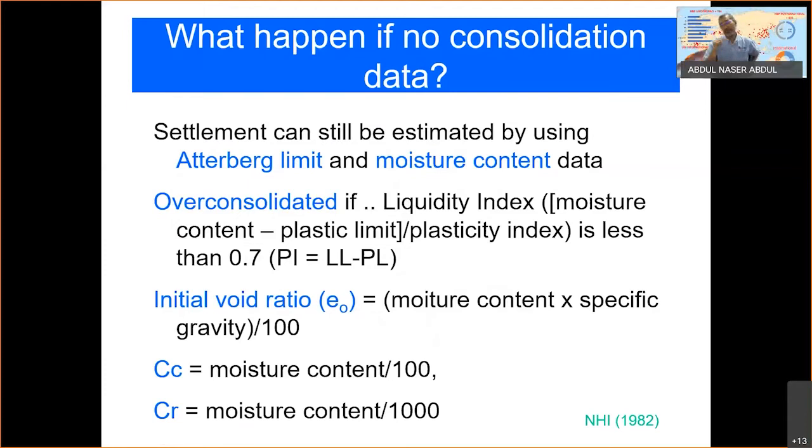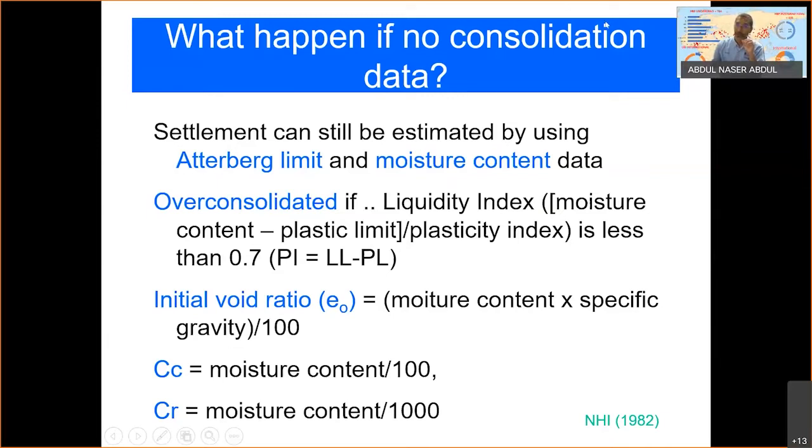So we need to use previous data and empirical works done by previous engineers, scientists, and testers. If you don't have that data, settlement can still be estimated, right?